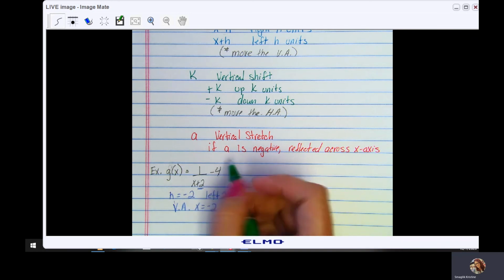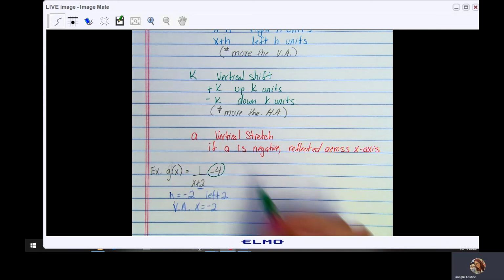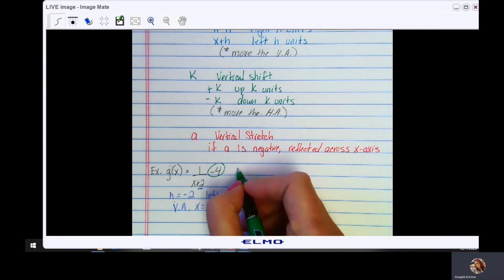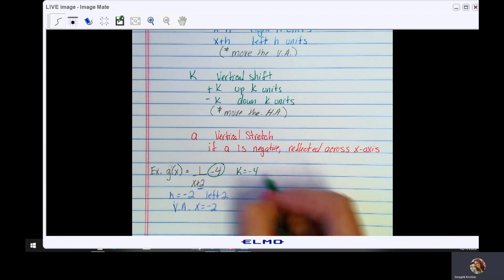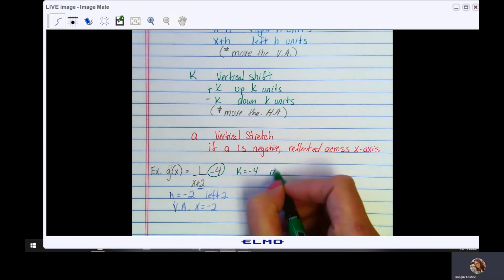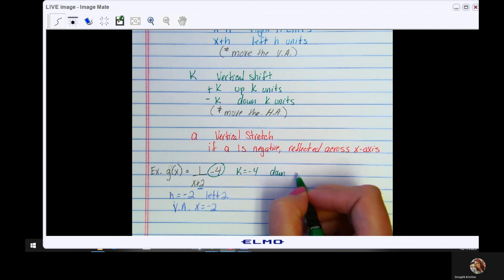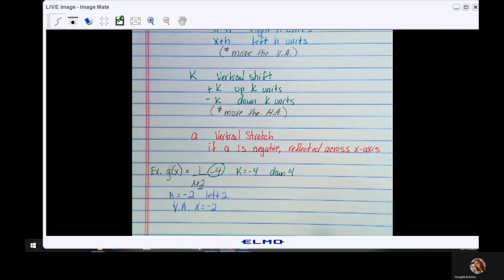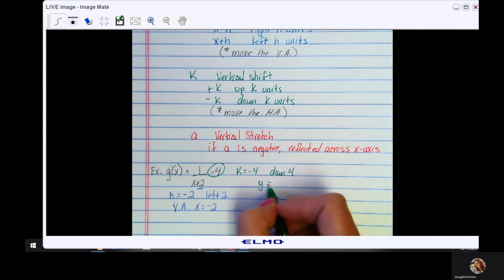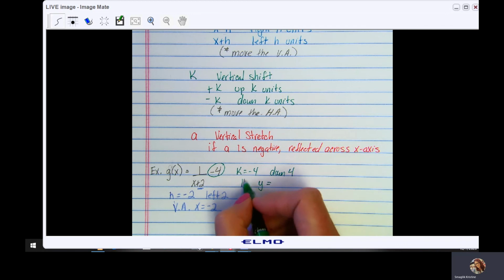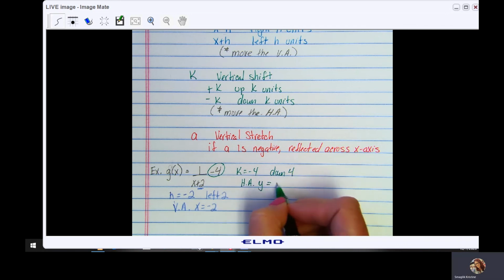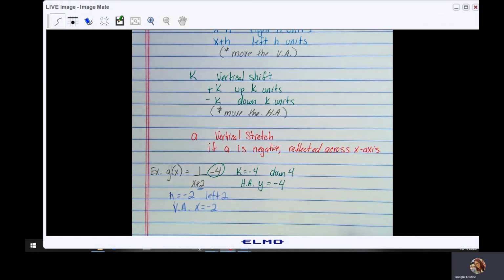Now here, there's my k value. It's a negative 4, so that's down 4. So I am moving my horizontal asymptote down 4. Well, if I started off at 0, my horizontal asymptote is at y equals negative 4.